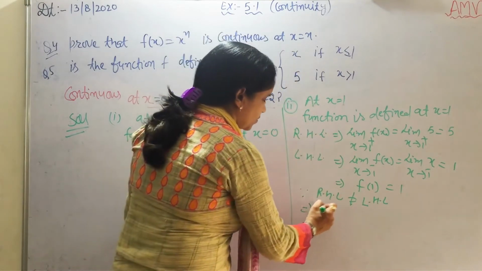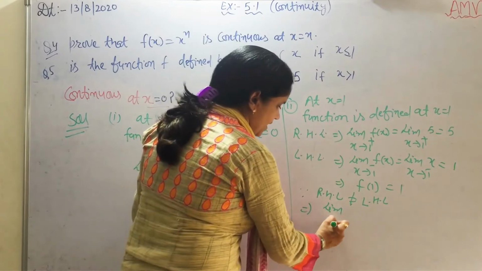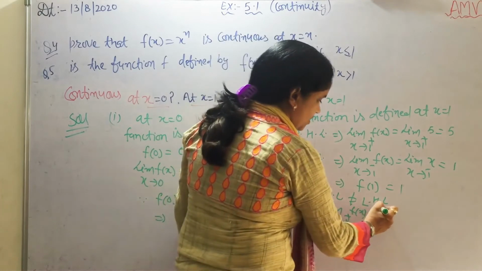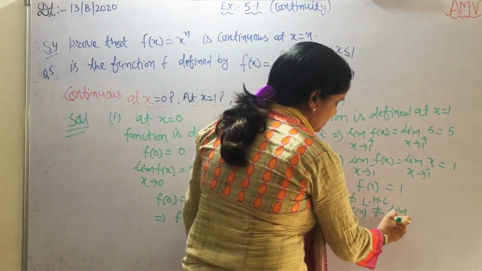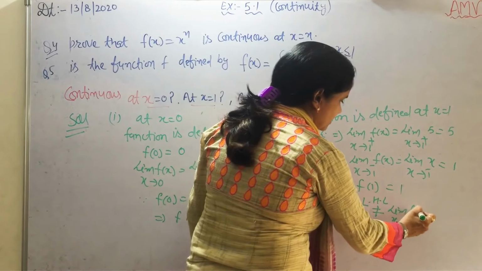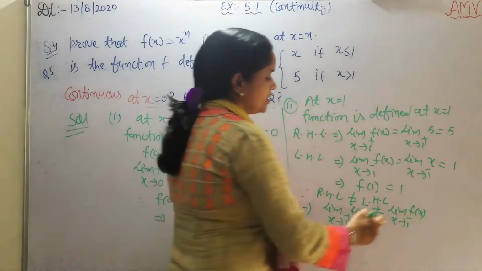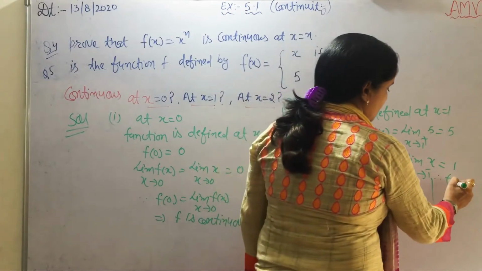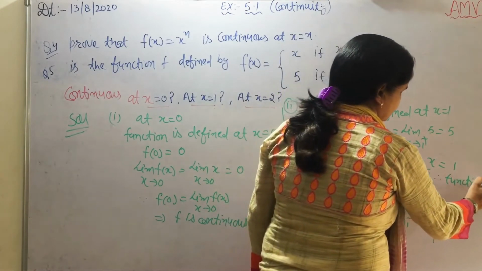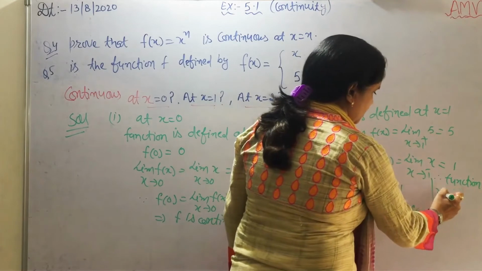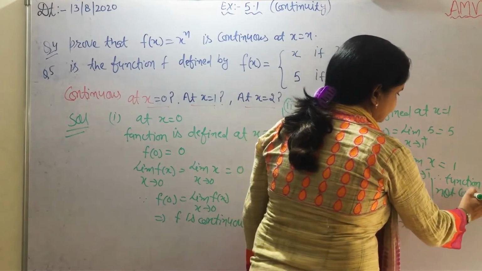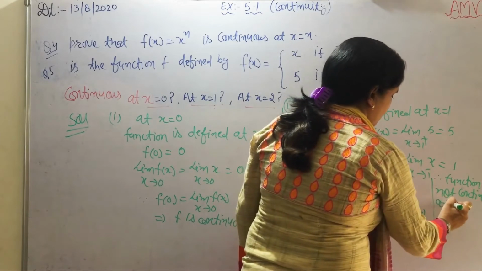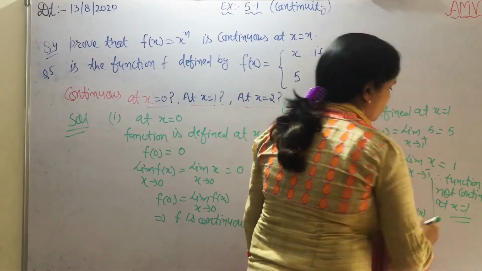Or you can write the limit as x tends to 1 plus of f(x) is not equal to the limit as x tends to 1 minus of f(x). So the function is not continuous at x is equal to 1.